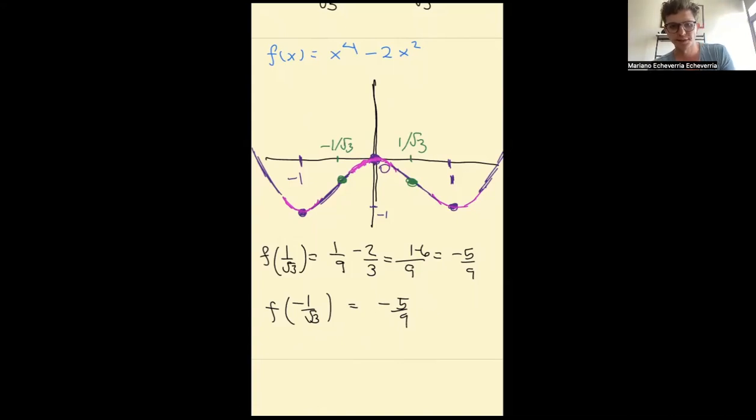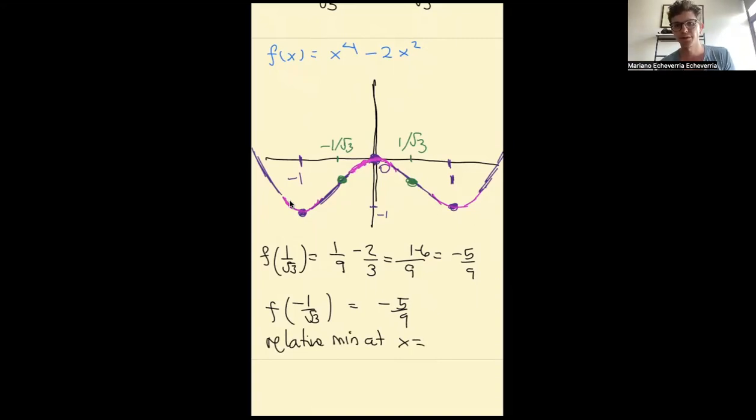So let's see. We had 3 critical points, right? How many relative mins do we have? Remember, a relative min is a bottom.